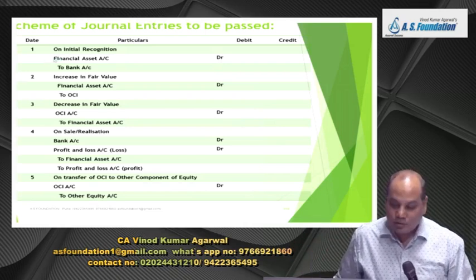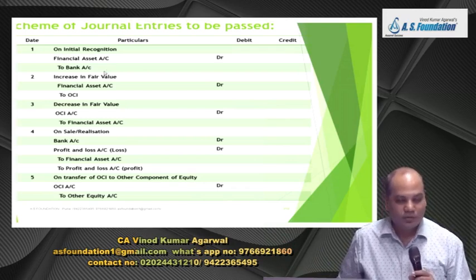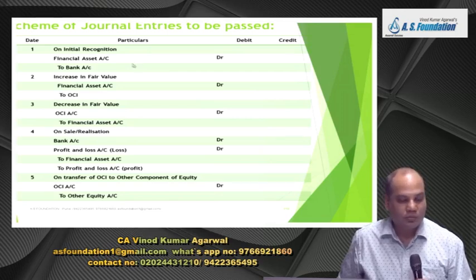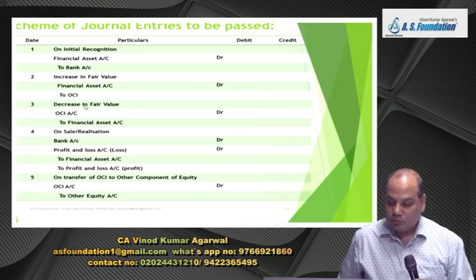So first, on initial recognition, financial asset account debit to bank, at what amount? Fair value. And if you have paid any transaction cost, that also you add to the financial asset, because it is FVT OCI. Then you pass an entry for an increase in fair value: financial asset to OCI; for a decrease in fair value: OCI to financial asset.